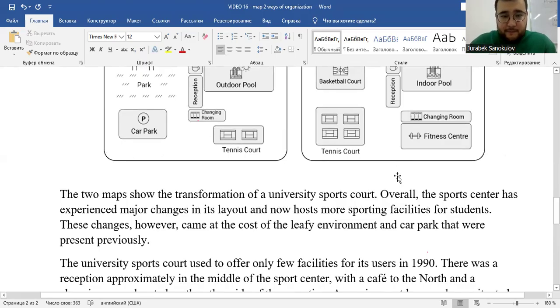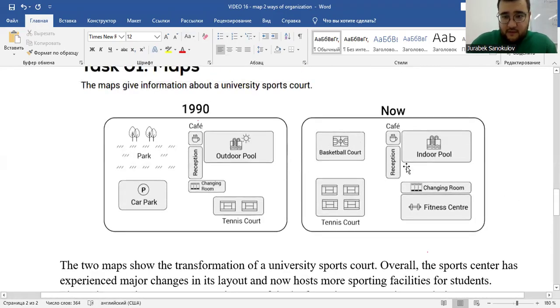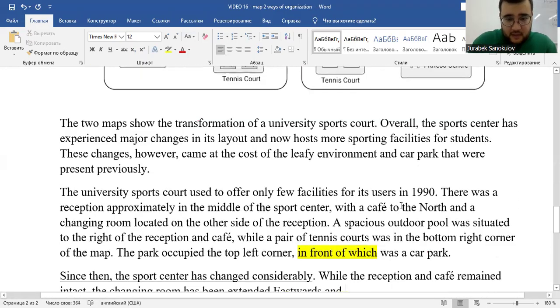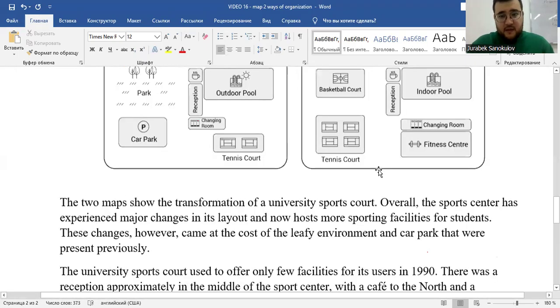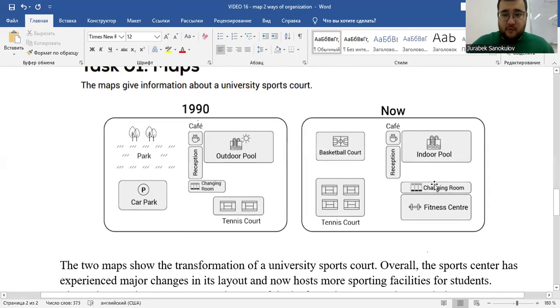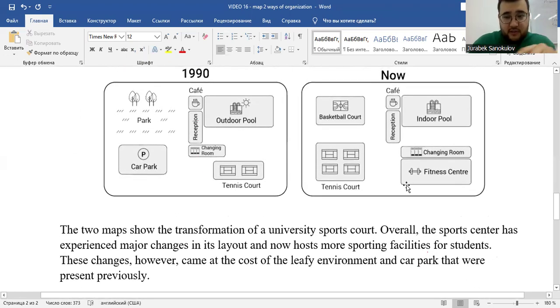And the outdoor pool was replaced by an indoor one. That's it. We have described the cafe, reception, indoor pool, and changing room. Now all I have to do is to describe the tennis courts and the fitness center and the disappearance of the park and car park. That's it.